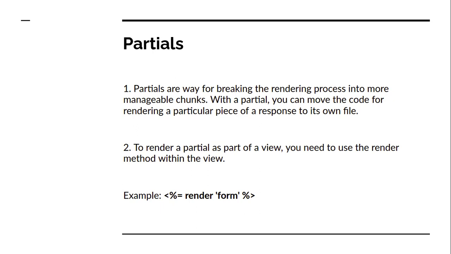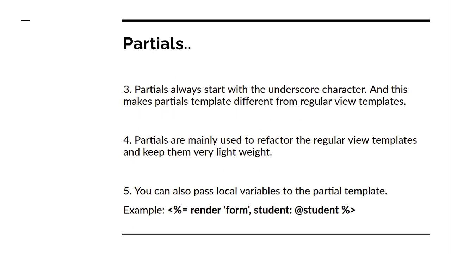This method will render a file named underscore form.html.erb at that point within the view being rendered. And you need to remember that a partial always starts with the underscore character, and this makes partial templates different from regular view templates. This is true even if you are pulling a partial from another folder.